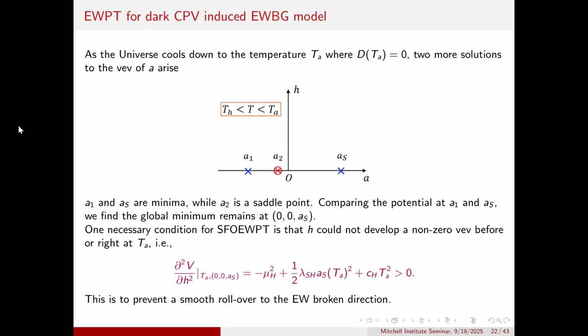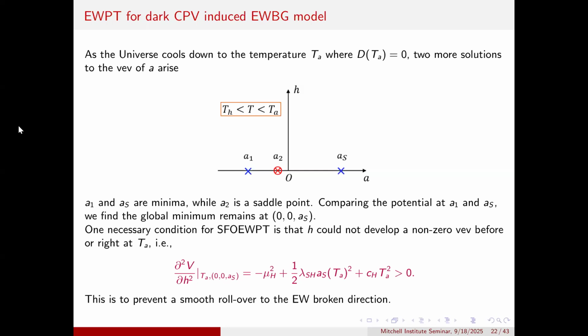It would become negative below this temperature, and 2 more solutions for the extremum in the A direction would appear, as A1 and A2. A1 and A_S are minima, and the one in the middle would be a saddle point. But still, at this point, the Higgs vev is still 0.